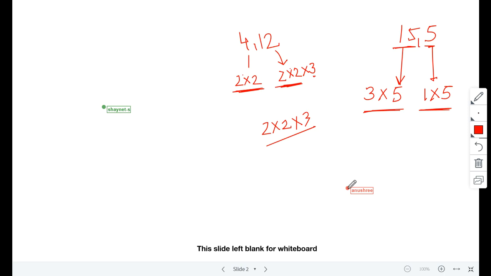Like, which is the common number in both that you can see? No, it's 3 comma 5. Common number, like the same number that you can see in both the factors, what is the same number you can see?